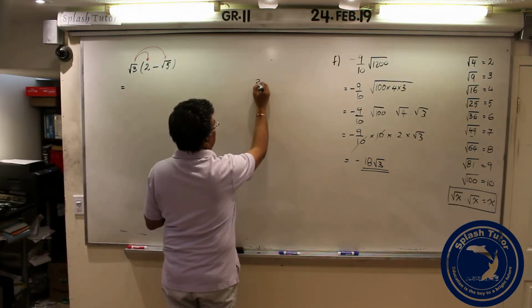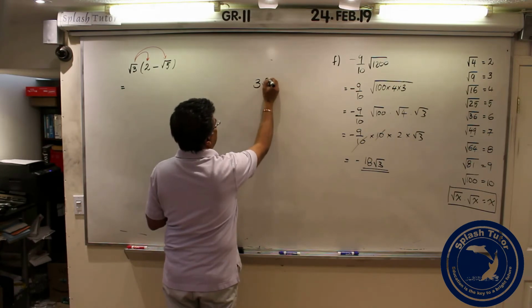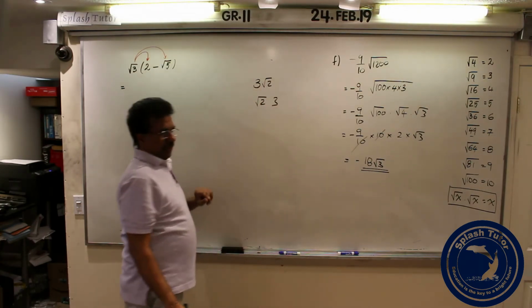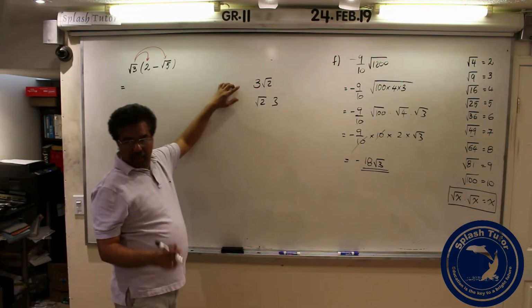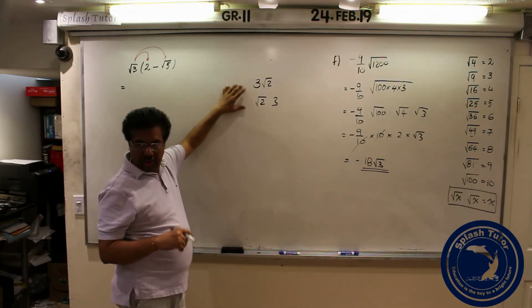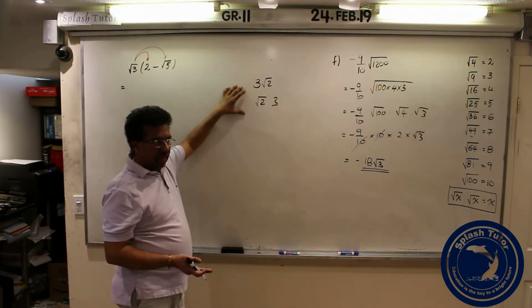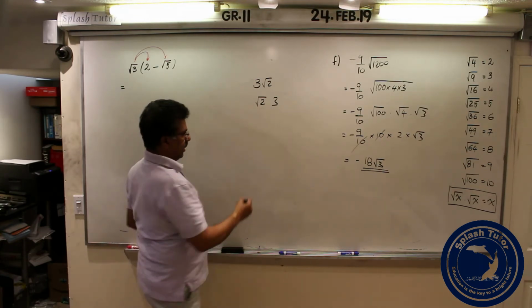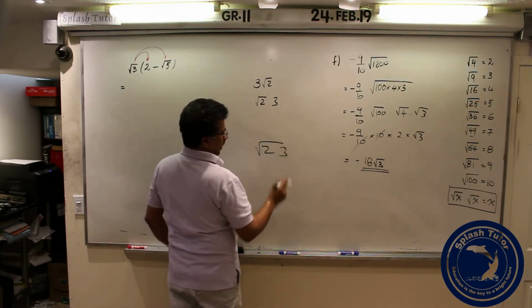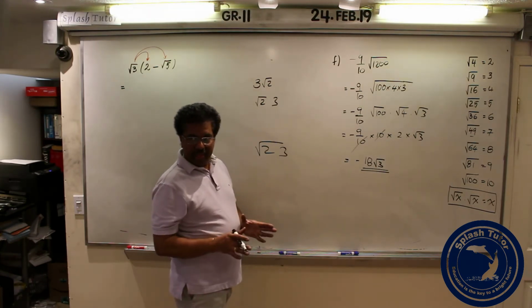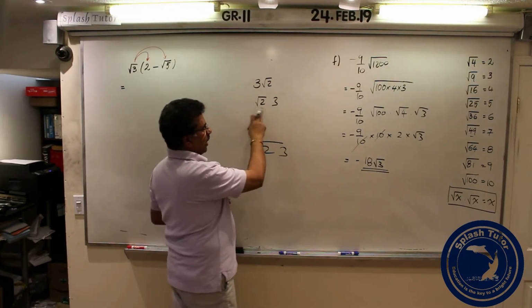Let's say if you have 3 root 2, we don't write root 2, 3. You have to write the whole number in front, then the radical after that. Why? Because you can get confused. If you write it like this, is it 23 or root 2 times 3? That's why we decided not to write it in this direction.